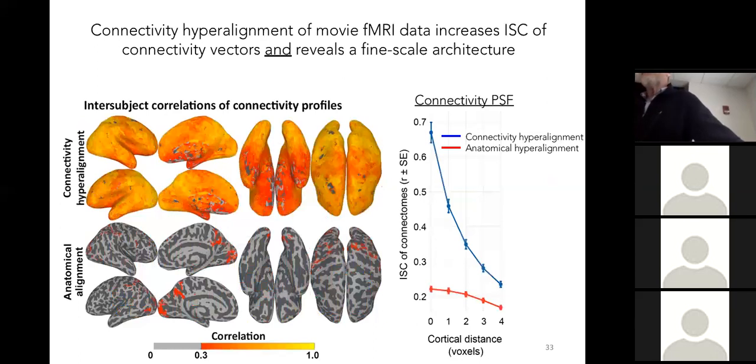With connectivity, we see the same kind of thing. So this is the increase in intersubject correlation of connectivity profiles after connectivity hyperalignment of the movie data. And you can see that now we're getting stronger intersubject correlations of connectivity profiles everywhere, including these difficult areas like medial prefrontal cortex.